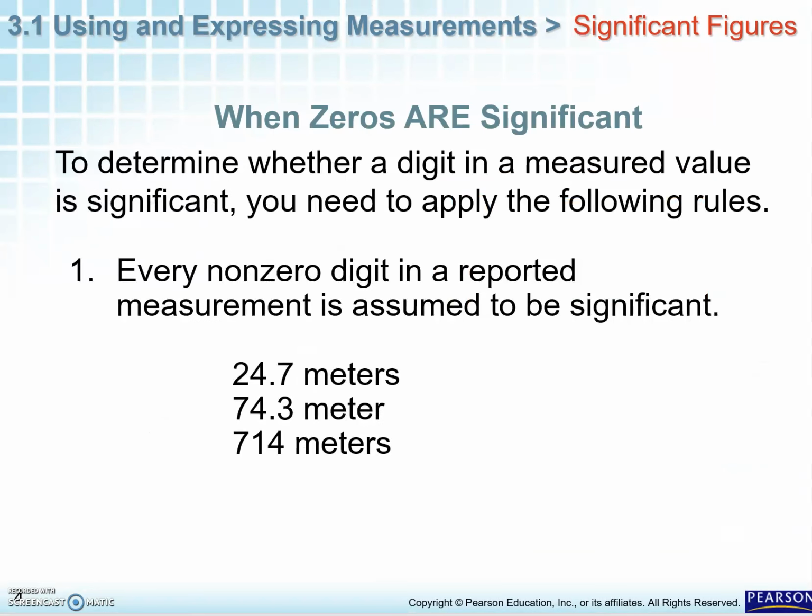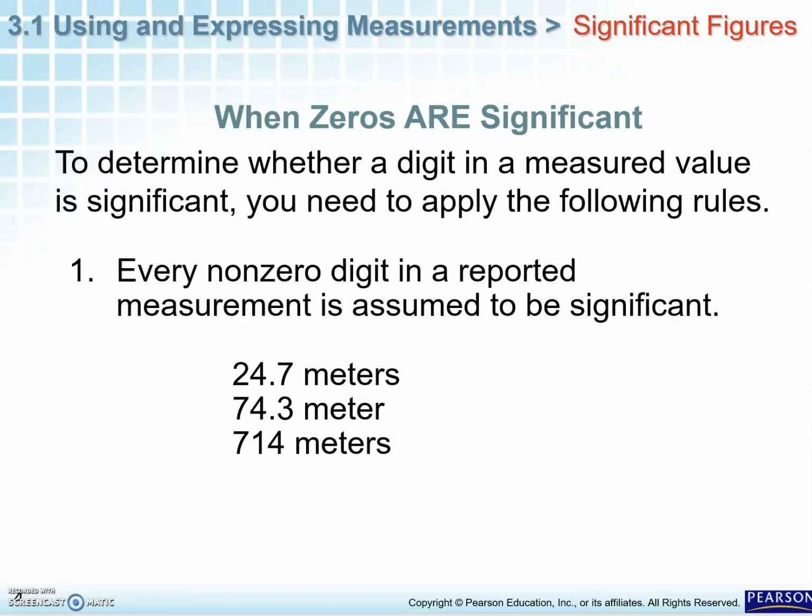To determine whether a digit, or a 0 specifically, is significant, that's where things get a little tricky. You want to make sure that you write down and know the following rules. The first rule is that every non-zero digit to be reported is significant.